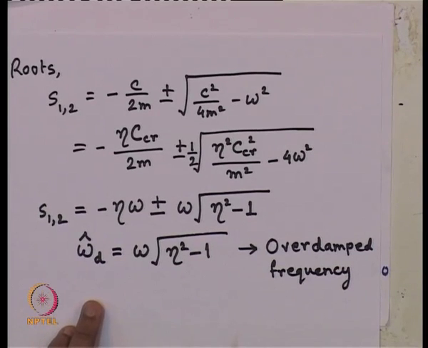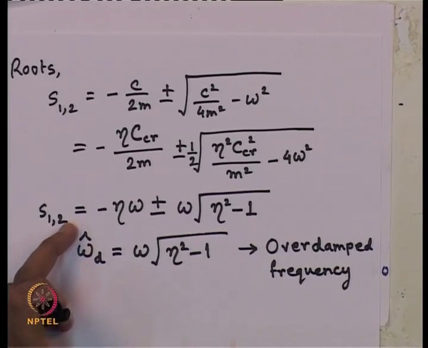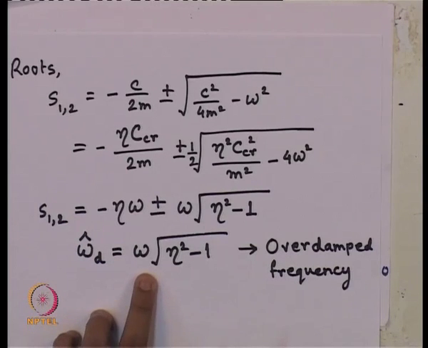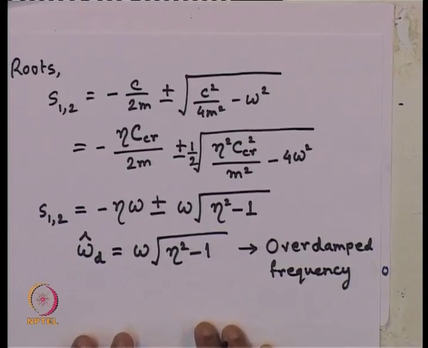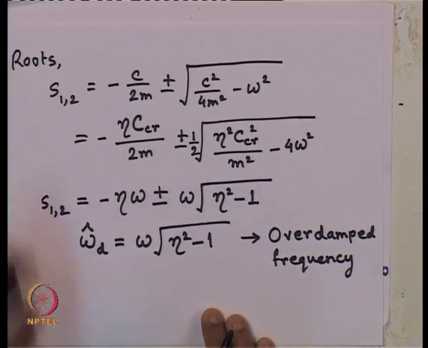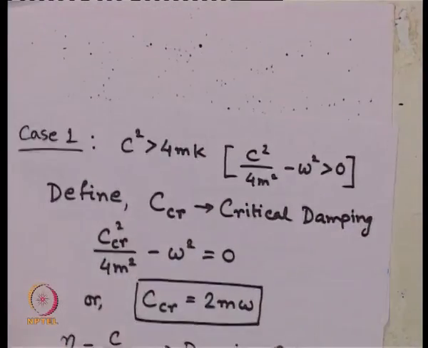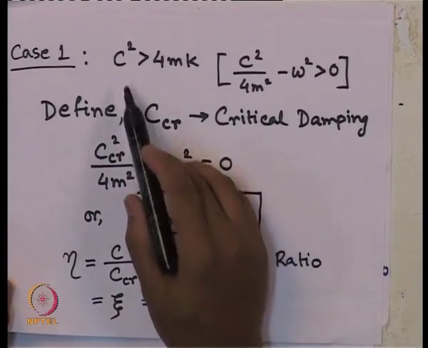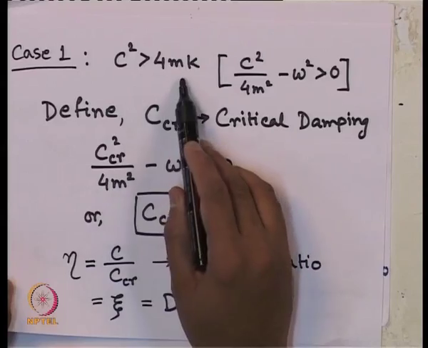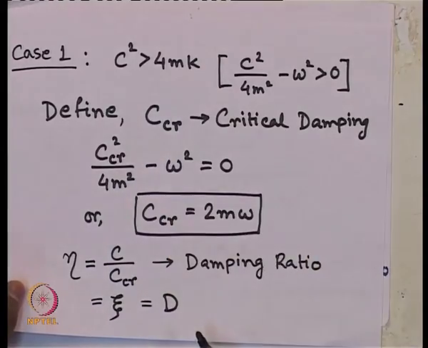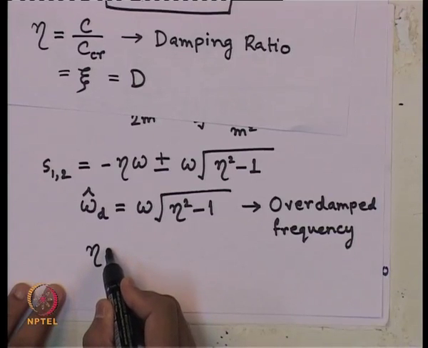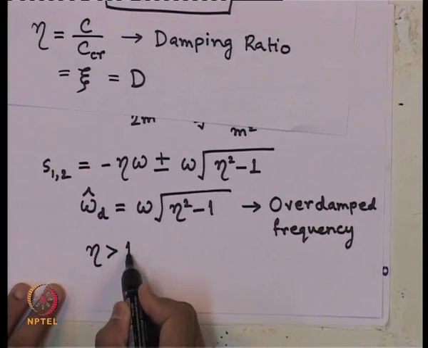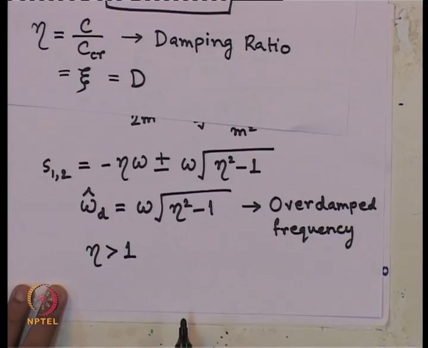So, the overdamped frequency omega d cap is defined as omega times root over eta square minus 1, and for this condition we had c square greater than 4 m k. What does it mean? The value of eta is greater than 1.